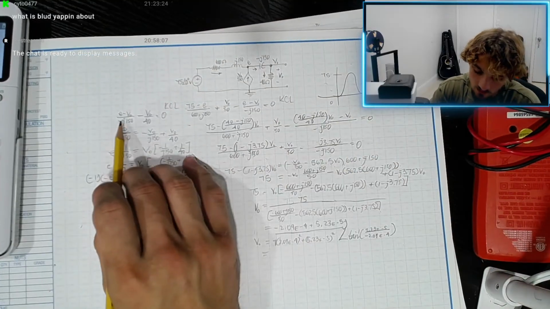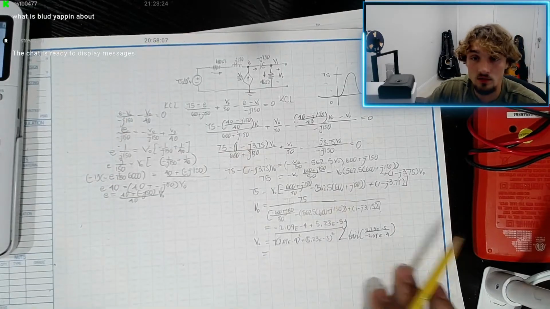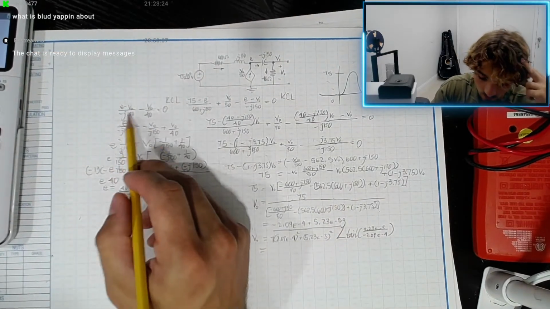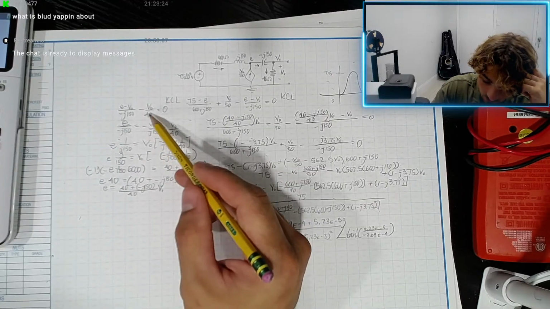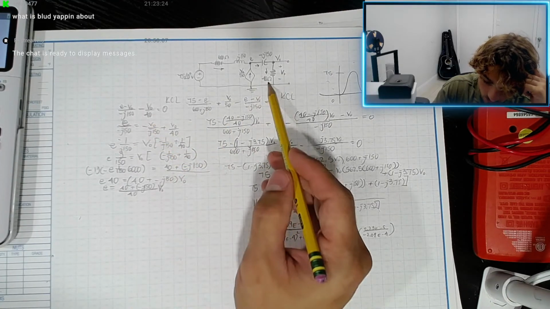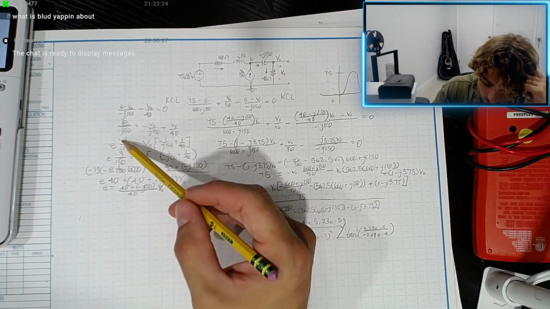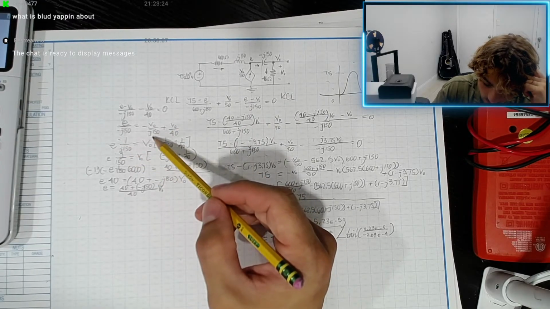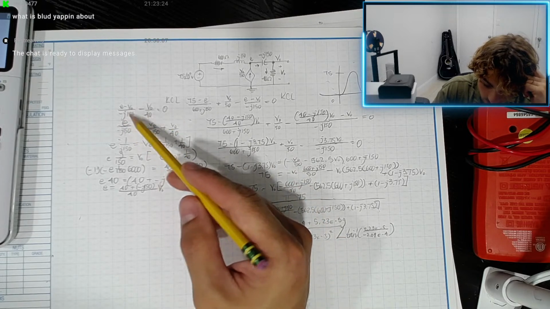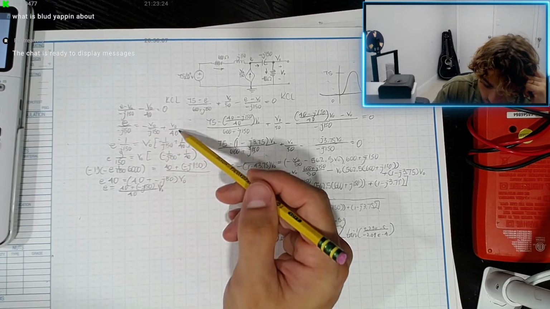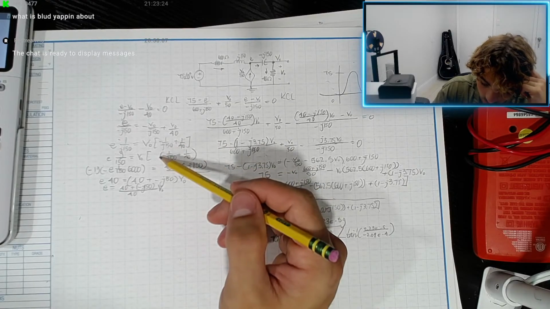Okay, what did I say? I said E minus V out. Can we see that? Yeah. Alright, E minus V out, right? So, divided by negative J, 1 over 50, minus V out divided by 40 equals 0. E plus, negative, positive, minus V out, 1 over 50, 40.